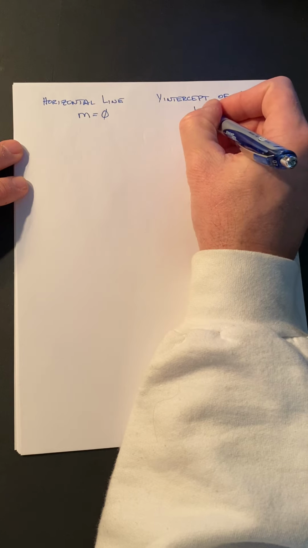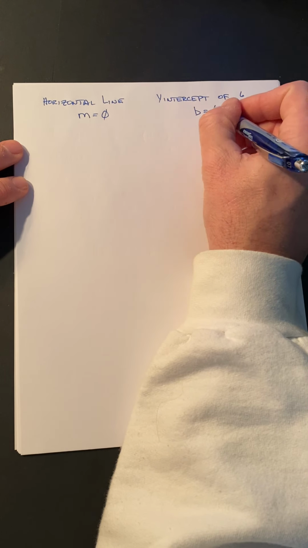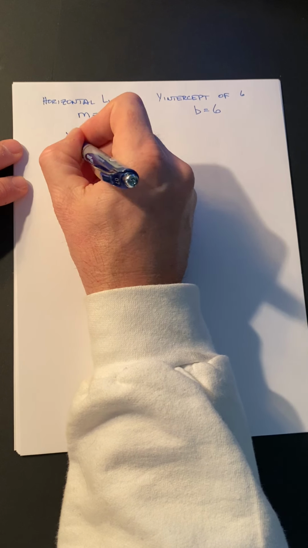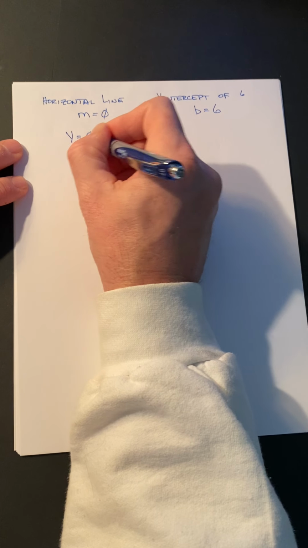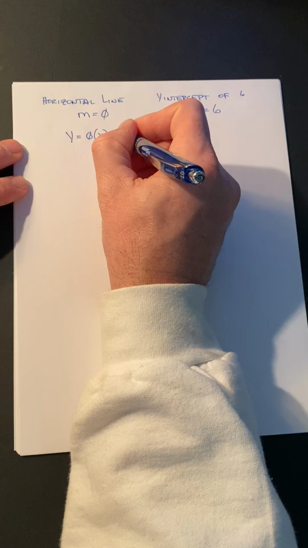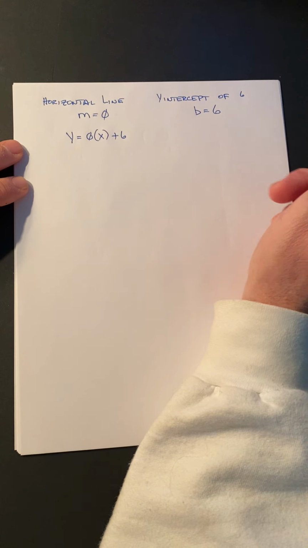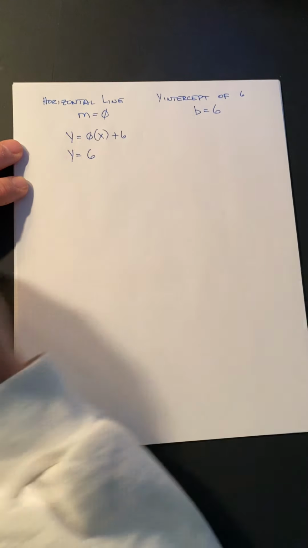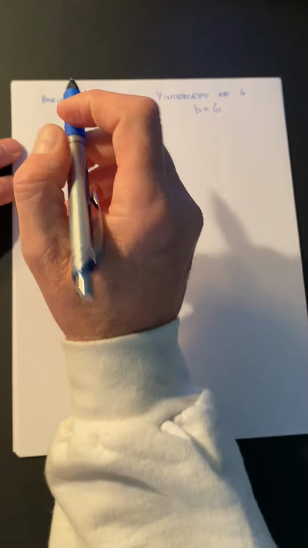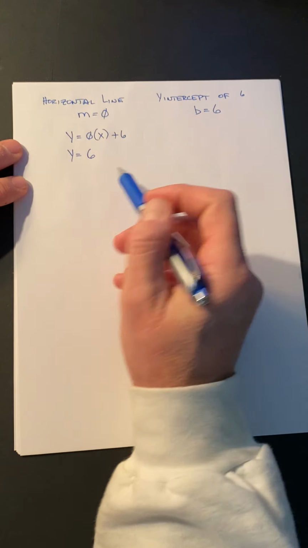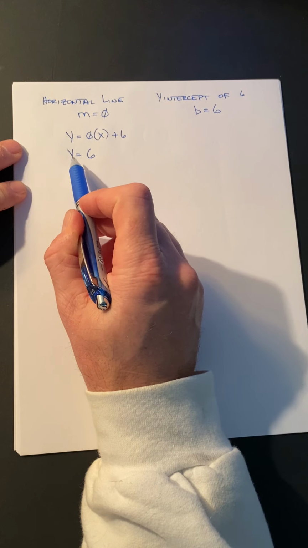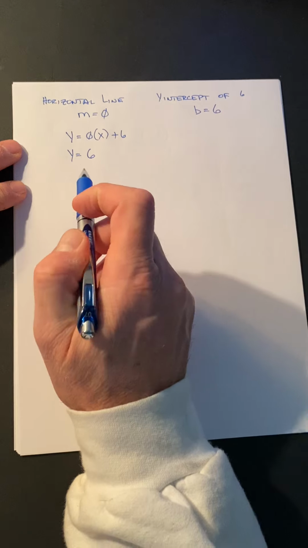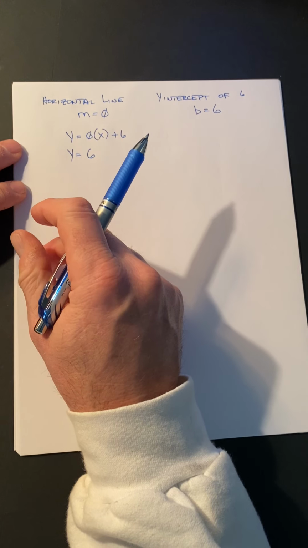I know then that my b is equal to 6. Let's put it into our formula. So y is equal to 0 times x plus 6, or y equals 6. So a horizontal line will always have an equation, y equals something, and that something is the y-intercept, right?